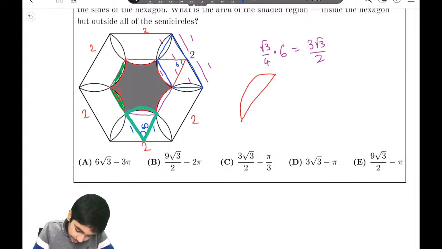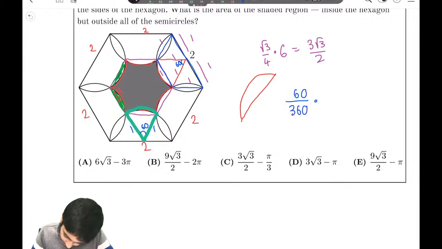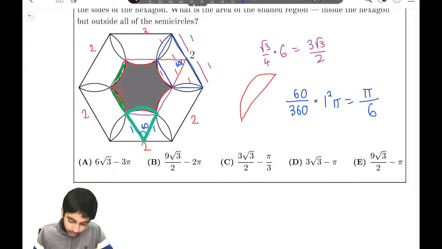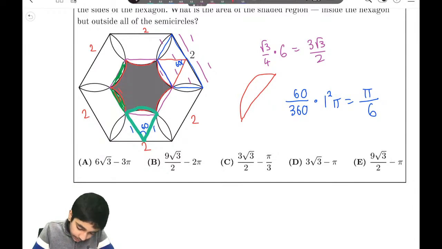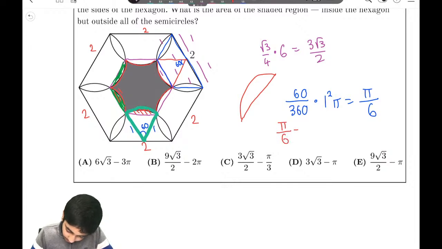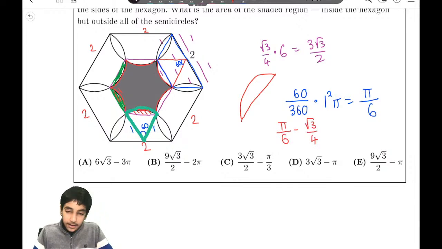It's going to be equal to 60 over 360 times 1 squared pi. So this is going to be pi over 6. And the area of the equilateral triangle is then going to be equal to root 3 over 4. So the area of the segment here is just going to be pi over 6 minus root 3 over 4. So that's the area of one of these lune regions.